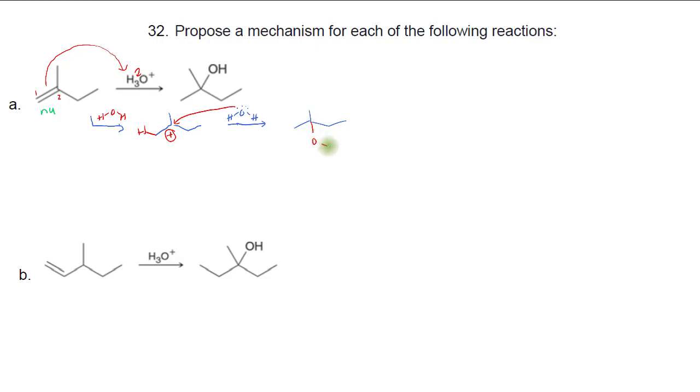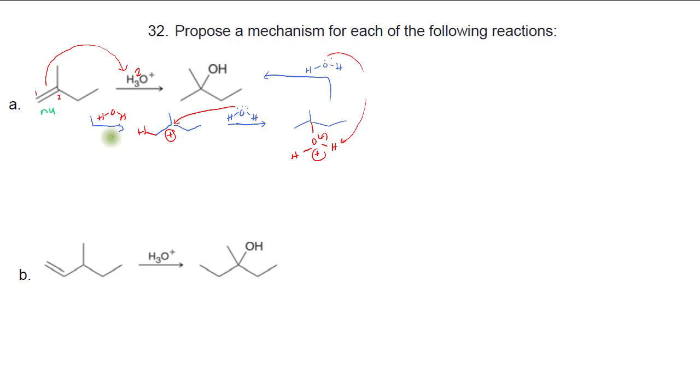So water comes along with its 2 hydrogens, and it's now positively charged. And we can have another molecule of water pick up the extra proton. So there's another proton transfer to get that product there.